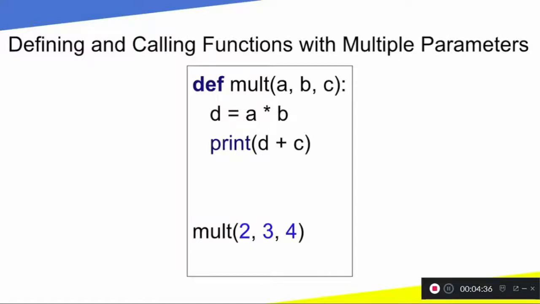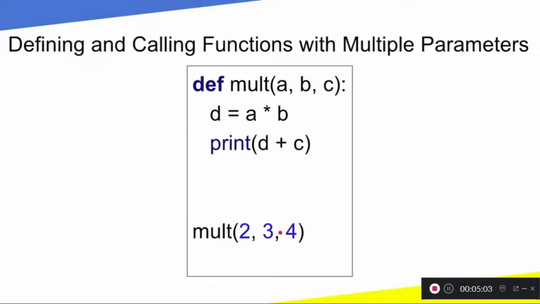This is basically used when we want multiple parameters. Here you can see that we have d, and d is equal to a star b. That gives the value to d, and we print the value d plus c. When we print d plus c, it would give us a combined value.